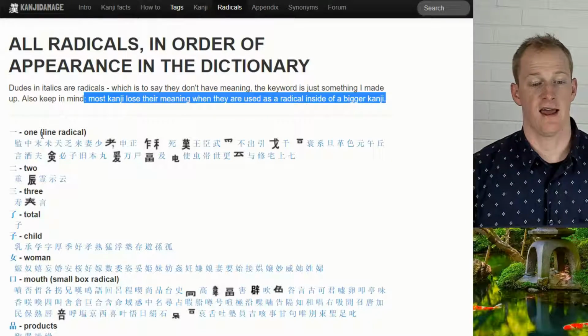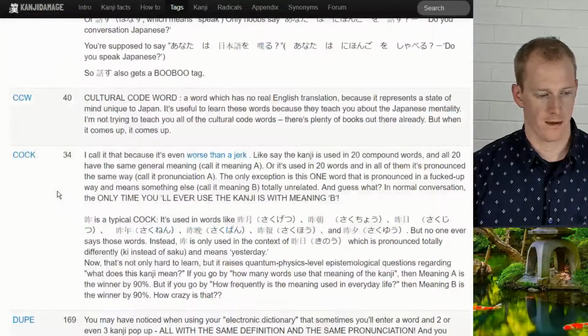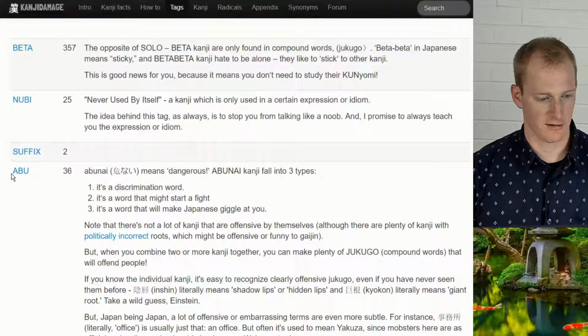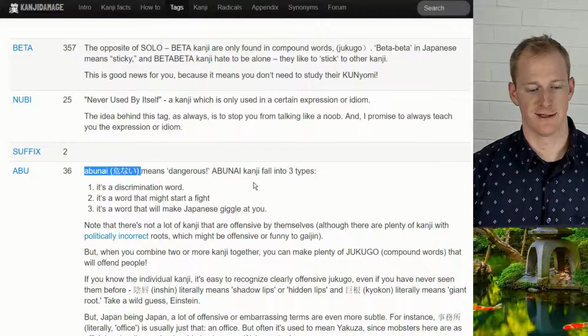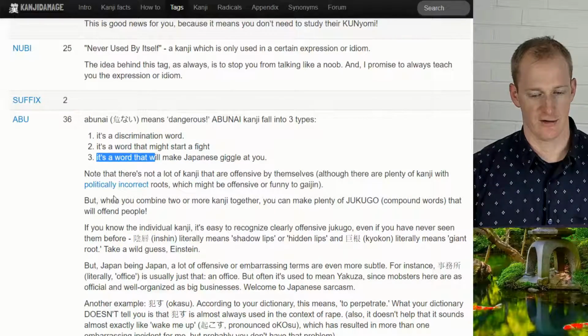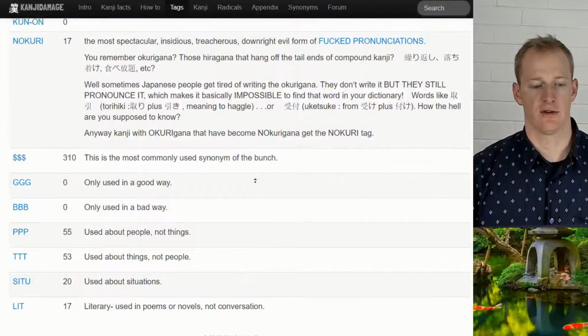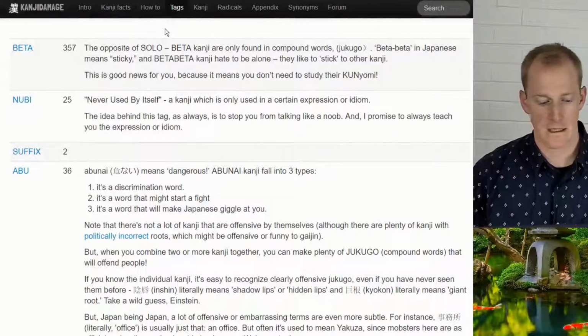And like I said, the tags, this is another interesting thing to go through. The abu one was kind of funny. So this is short for abunai because it's like, you know, one of these things, okay? So yeah, I would definitely have a look through these because it can be very helpful.